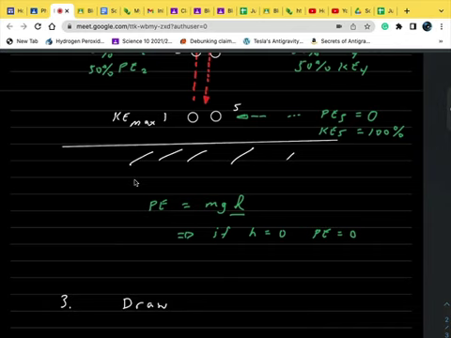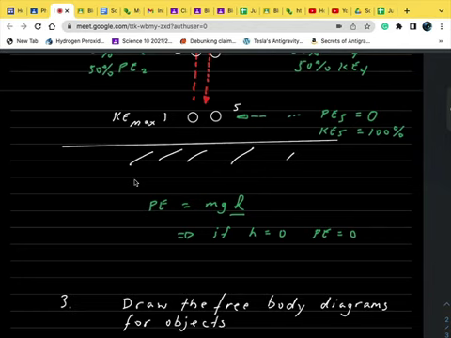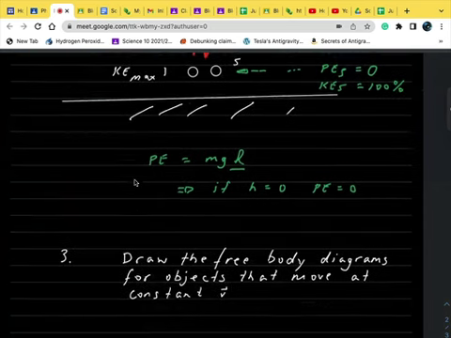So okay, draw the free body diagrams for objects that move at constant velocity or accelerate.